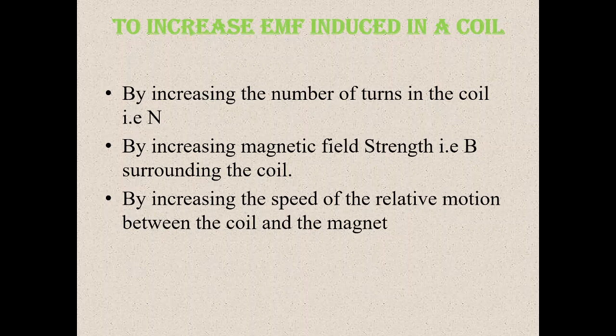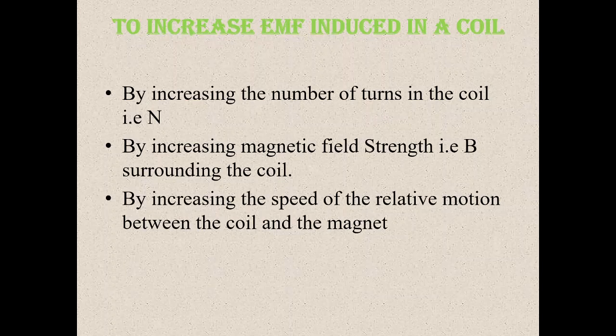One more thing we can do is, if the speed of relative motion between the coil and the magnet is increased, then we can increase the EMF induced in a coil. We have seen earlier, a coil is there, a magnet is there, and we introduced the magnet inside the coil.